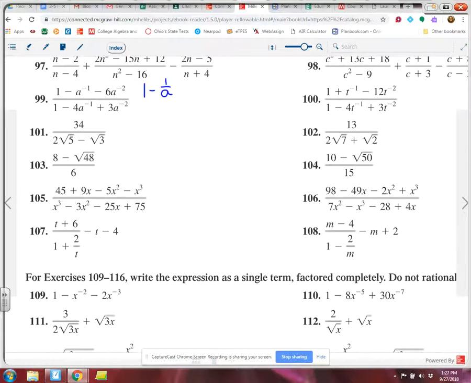Then we have minus 6 over a squared, because that negative 2 power is going to push that a down to the bottom. Notice the 6 stayed. Okay, the 6 was not an issue. All over 1 minus 4 over a plus 3 over a squared.